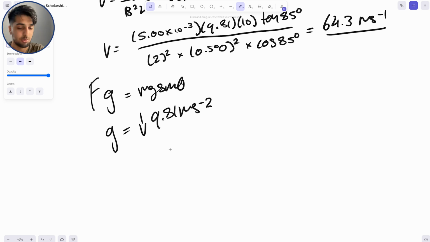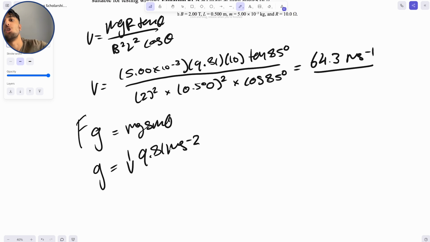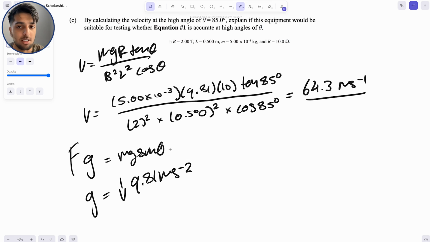We don't know the exact value, but it's less than that, so we're going to need a huge apparatus or equipment to actually reach that constant speed. And so we can say it's not suitable.